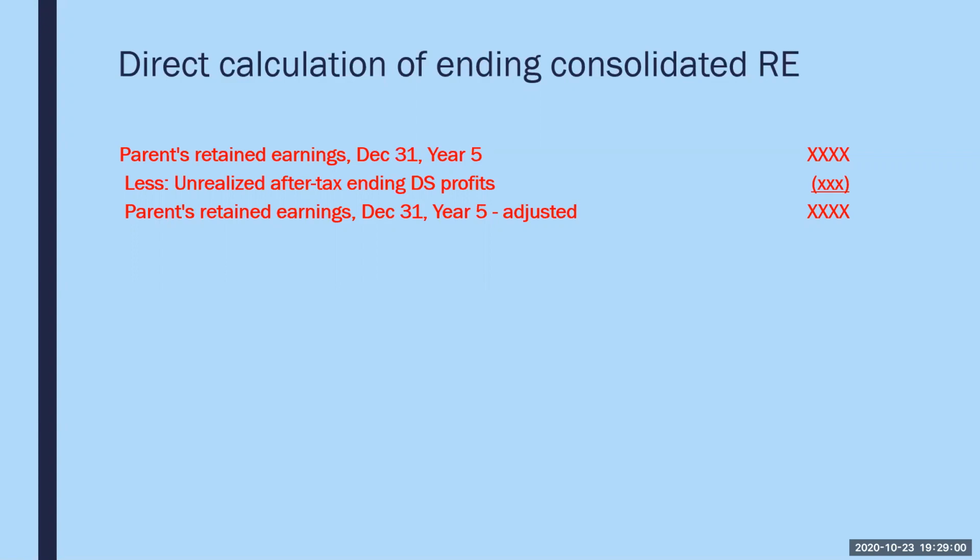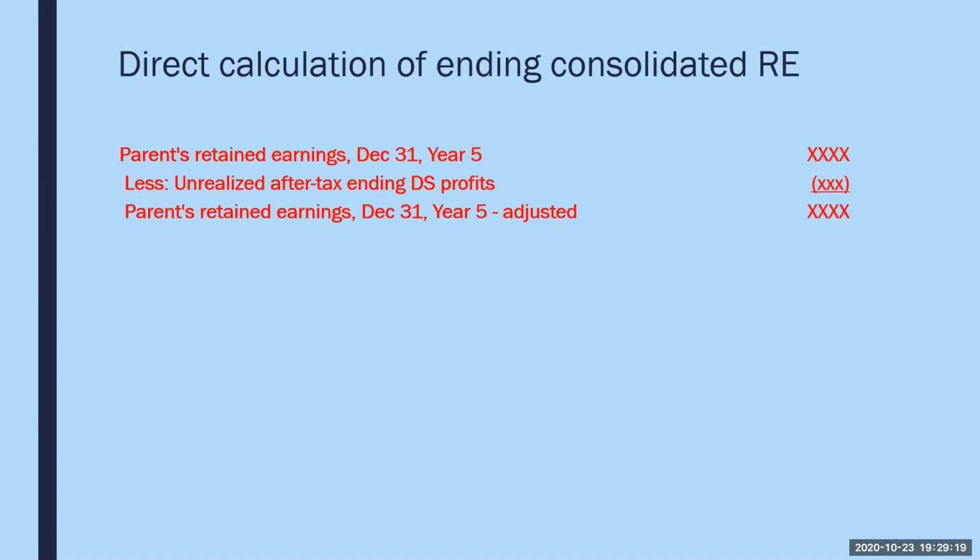So notice the difference between what we're doing here and what we were doing in the earlier slide was the date of the retained earnings you were picking up, and of course, what adjustments you were making. In that case, you were taking the unrealized beginning downstream profits.